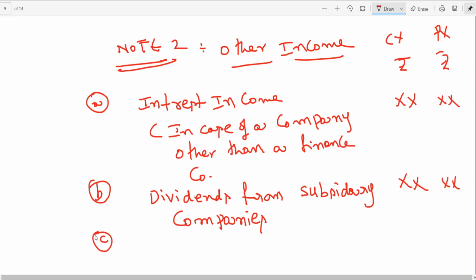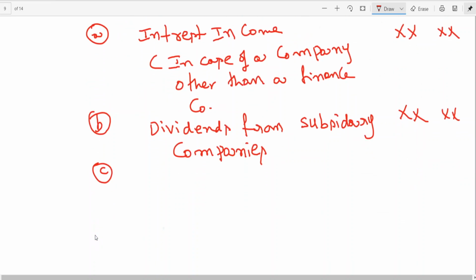Then next, dividend income from companies other than subsidiary companies. Maybe also having investments in other companies other than subsidiary companies.